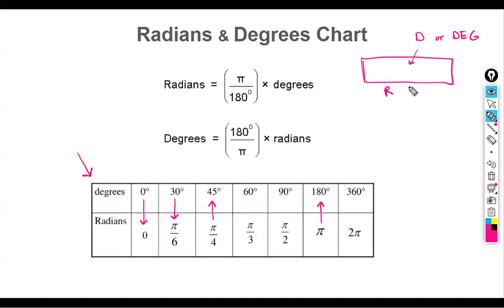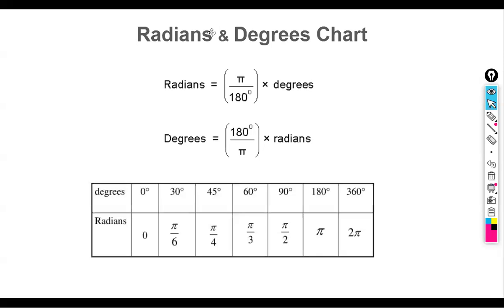If you're seeing R or RAD, try to fix it. You can reset your calculator. And if you're seeing G or GRAD, your calculator is on the wrong mode as well. Let me know when you're finished taking down the table and we will move on.